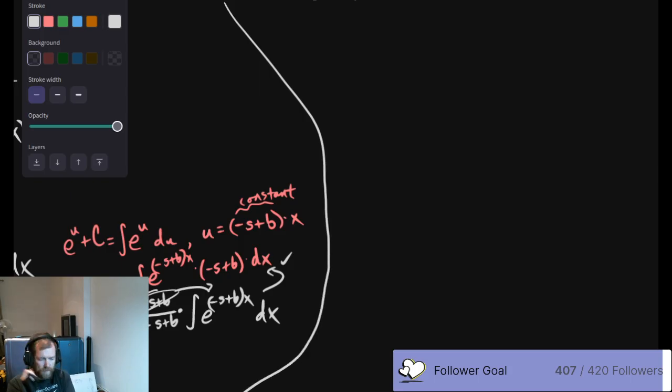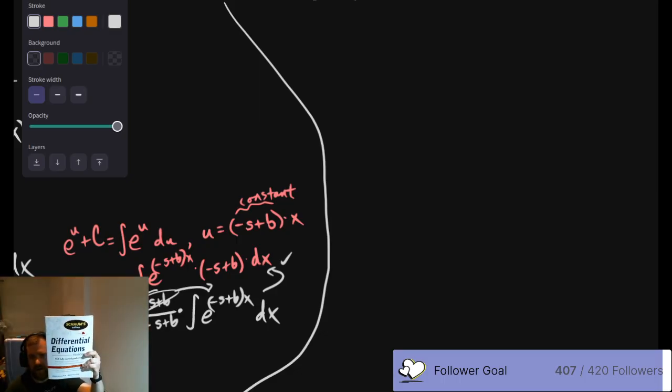So this is something called Laplace transforms. It is a part of differential equations, which is usually a sophomore level college class, provided that you're taking freshman level calculus.